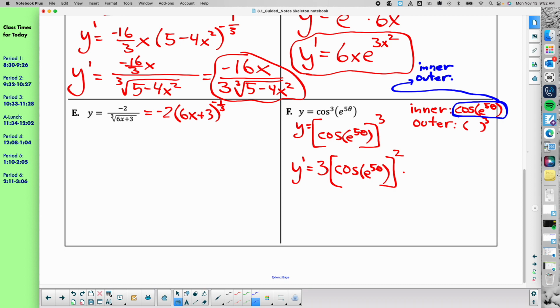So the main focus, the outer, is the cosine. Cosine of an angle is my main function. The inner part is e to the 5 theta.